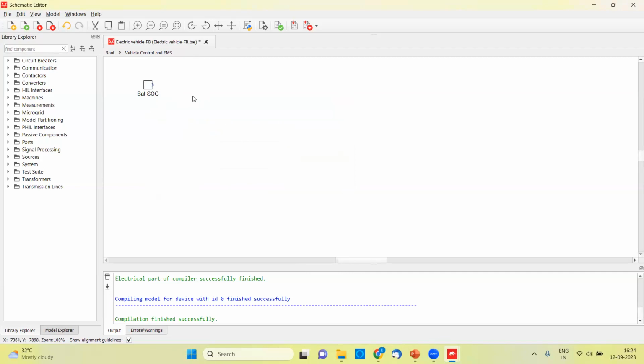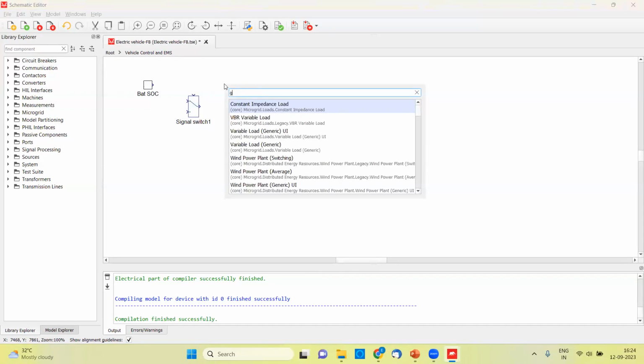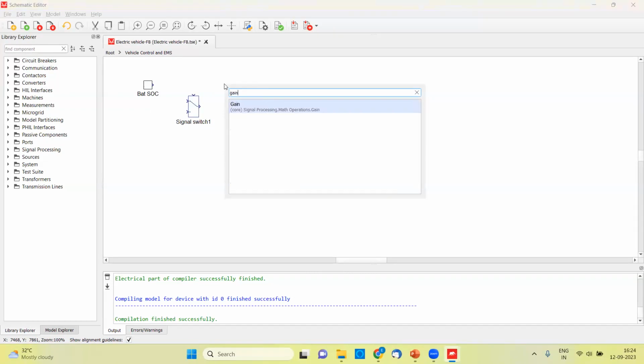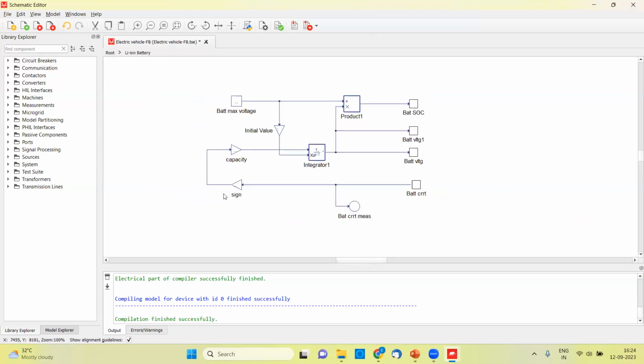Now we are having one signal switch, and we have one gain block. Earlier when we calculated the SOC, it was not in percentage. It was just a normal numerical number over here, if you will see. We have not multiplied by 100, or termed anything in terms of 100.